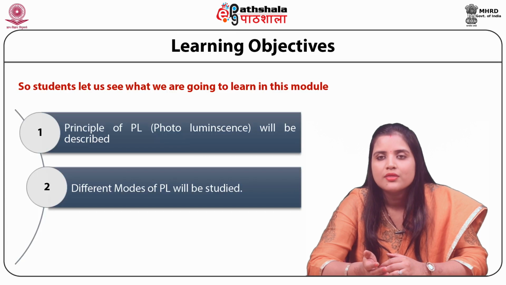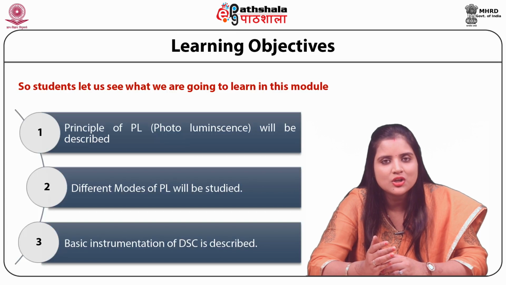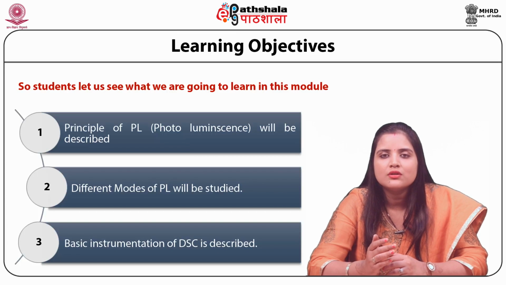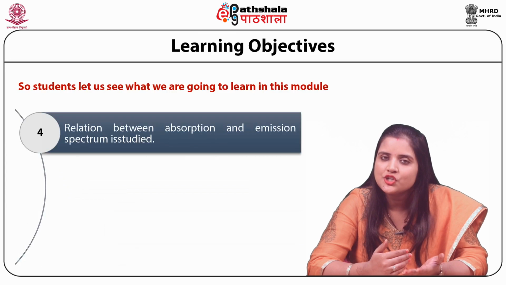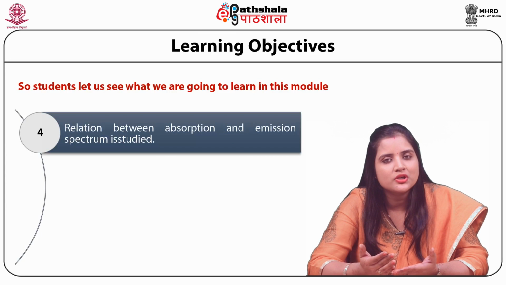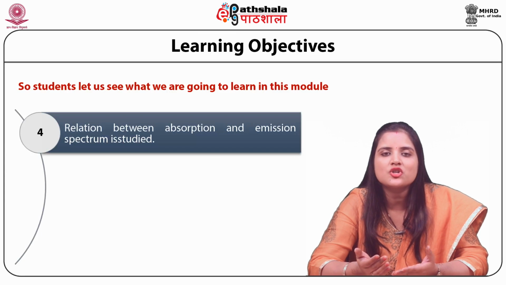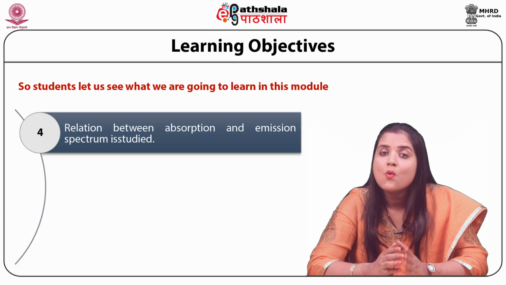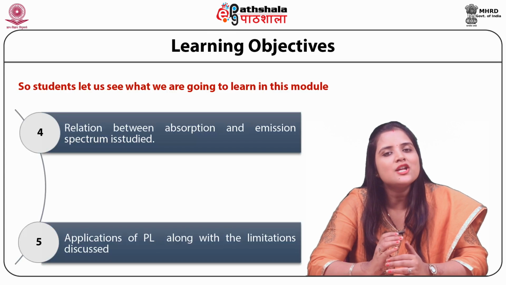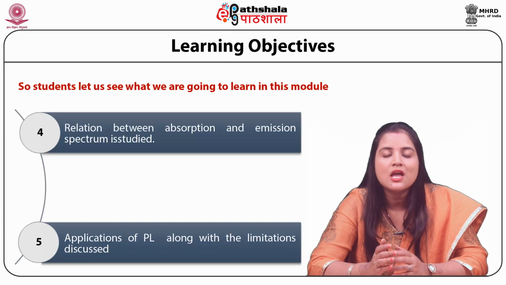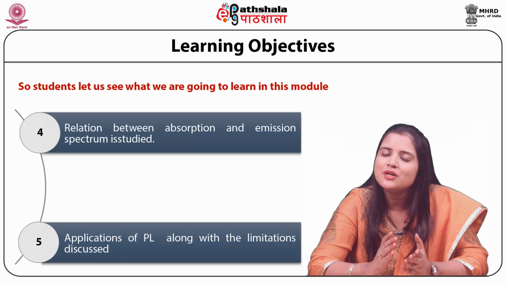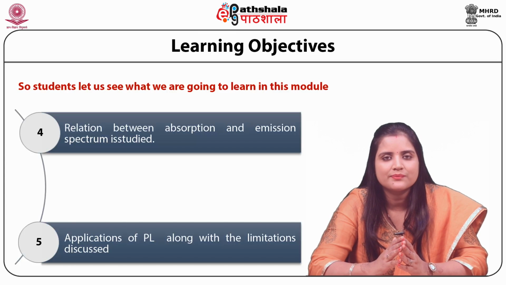Third, the basic instrumentation of photoluminescence is described. Fourth, the relation between absorption and emission spectrum is studied. Finally, the applications of photoluminescence along with the limitations are discussed.